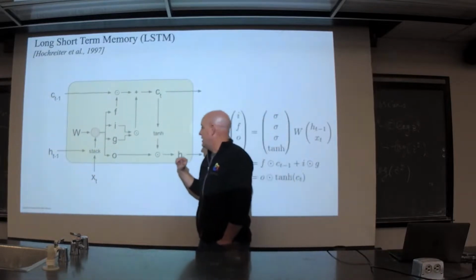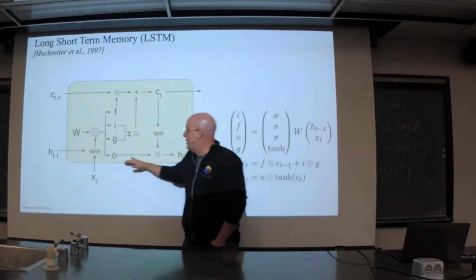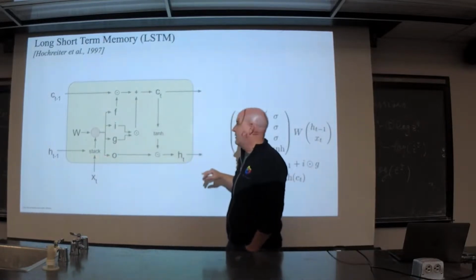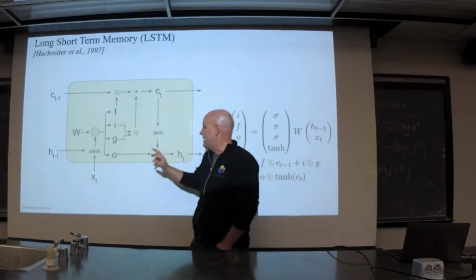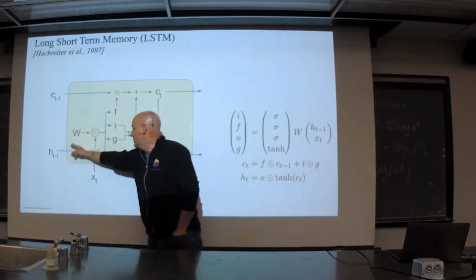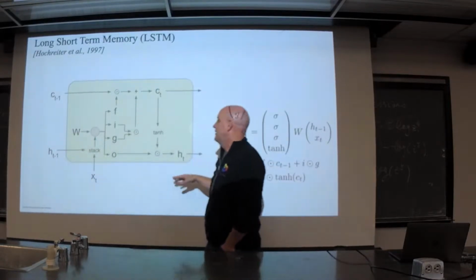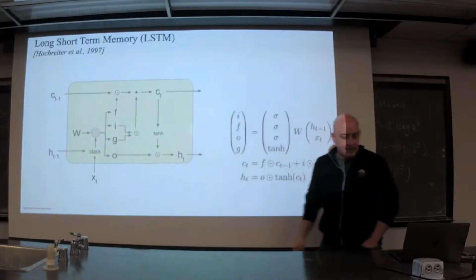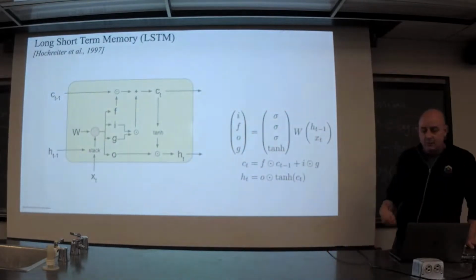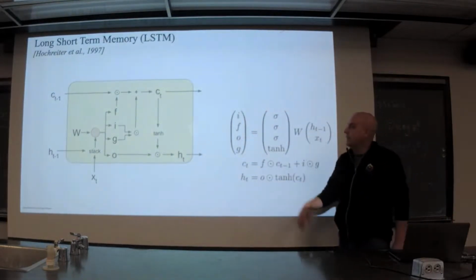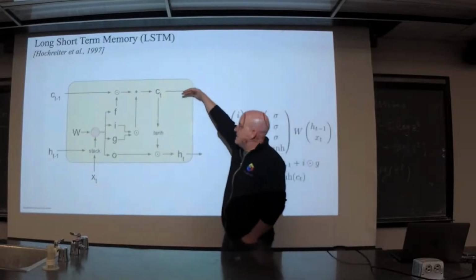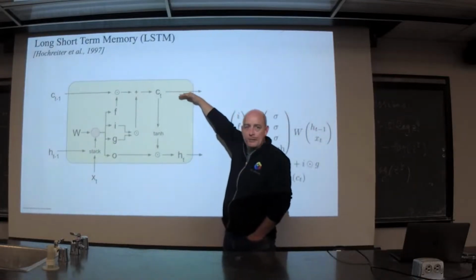And that's important because while on this track right here you still might say that, hey, we're multiplying ht minus 1 by a fixed matrix and getting out an ht, and we're doing it multiple times, and that gradient could vanish. This is not happening up here. We're not multiplying by a matrix up here.